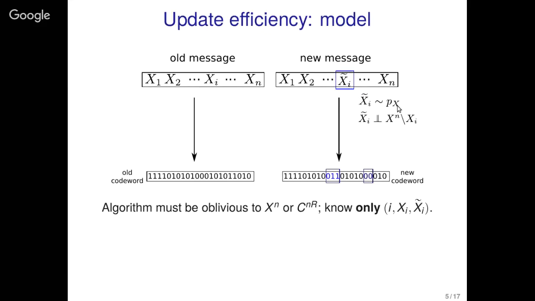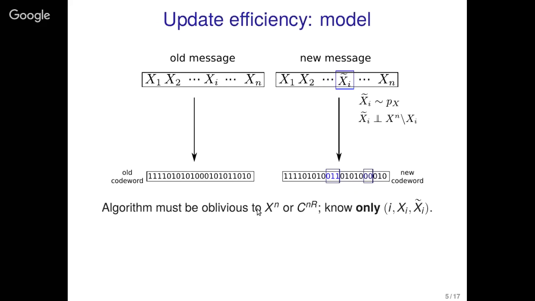So in other words, xi tilde is allowed to depend on xi, but it's independent of all other xj's for j not equal to i. And at the same time, xi tilde still respects the statistics of the source. So both the old message and the new message have components which are independent and identically distributed according to P_X.